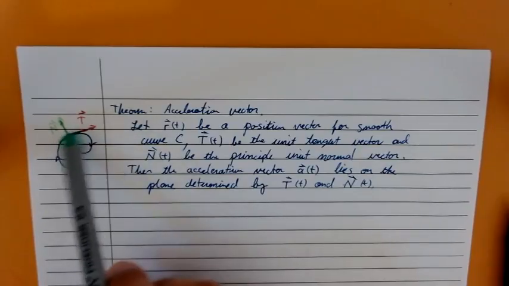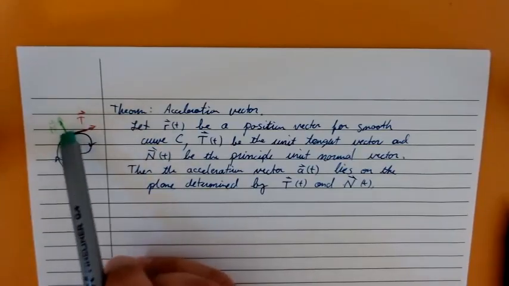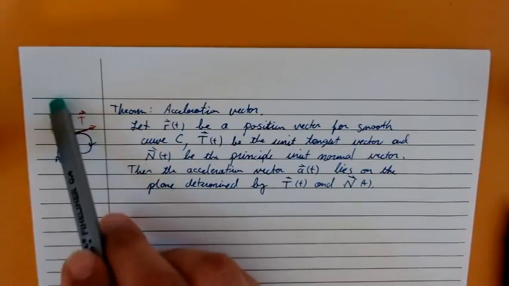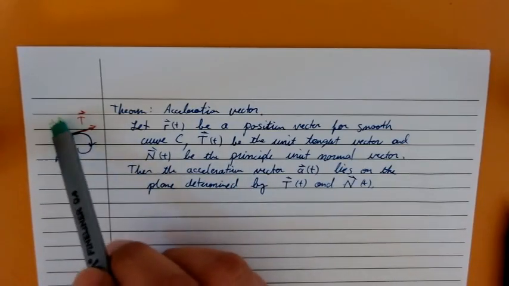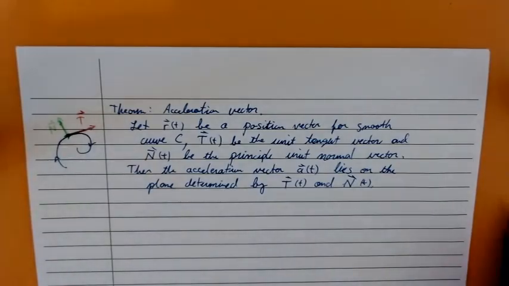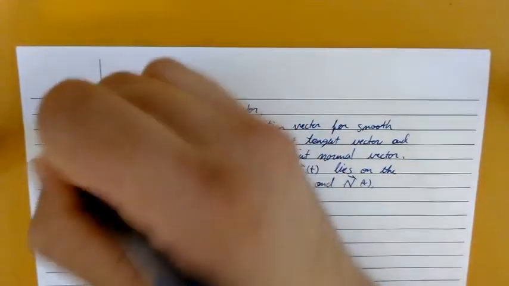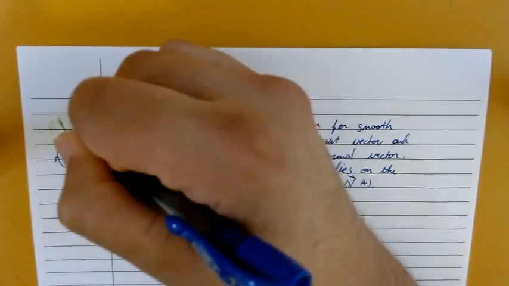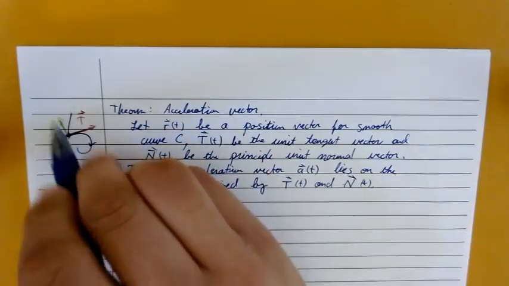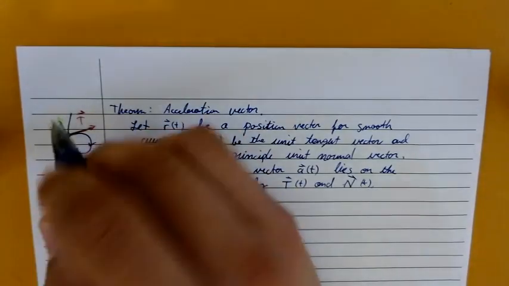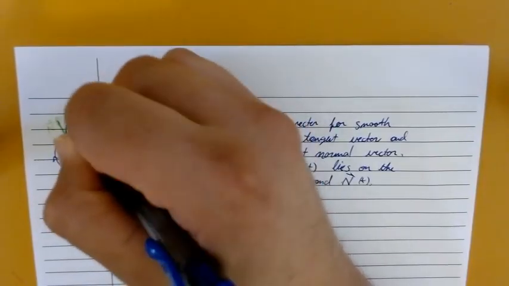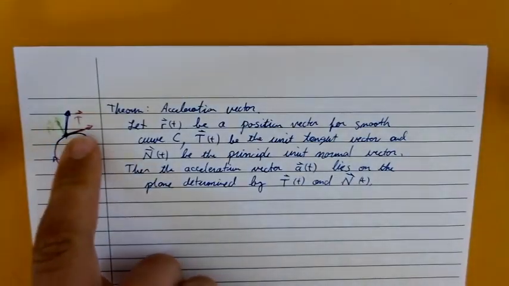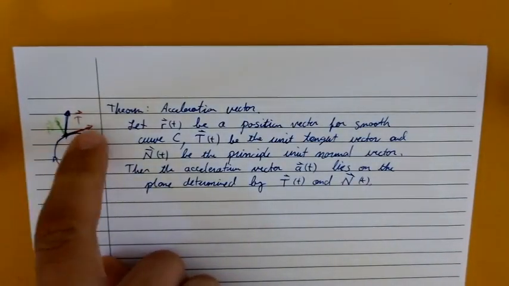In other words, it's parallel to T. The acceleration need not be perpendicular to T. However, it does have to exist on the plane determined by N and T. Or in other words, the acceleration vector is somewhere on this plane. So that does mean it could be in the direction of N, meaning they could be perpendicular, orthogonal, but they don't have to be. But the acceleration does have to exist on the same plane as N and T.